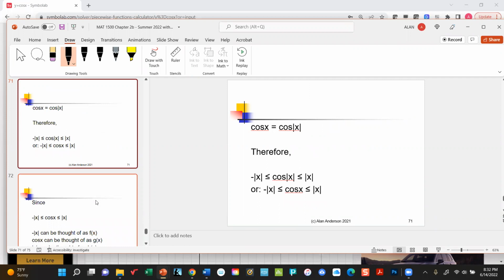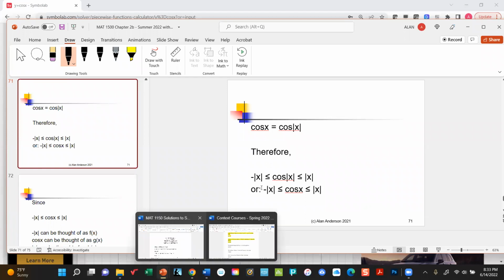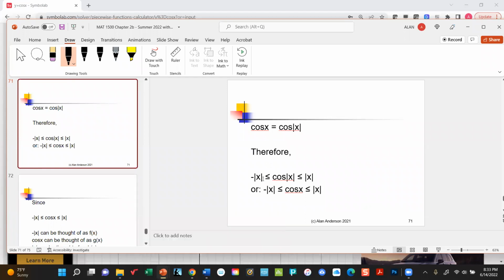Well, now it turns out that the cosine of x and the cosine of absolute x actually are the same. They always give us the same results. So the squeeze theorem tells us that what we can do now is basically claim that the cosine of absolute x is always bounded between negative and positive absolute x.